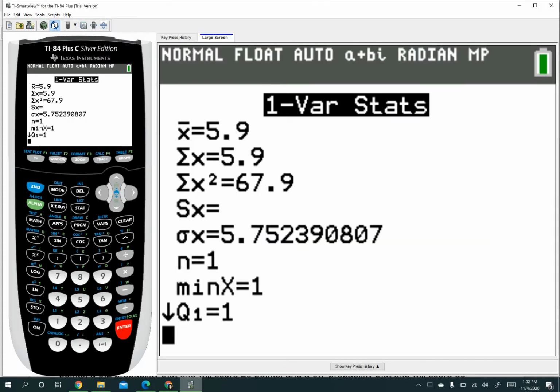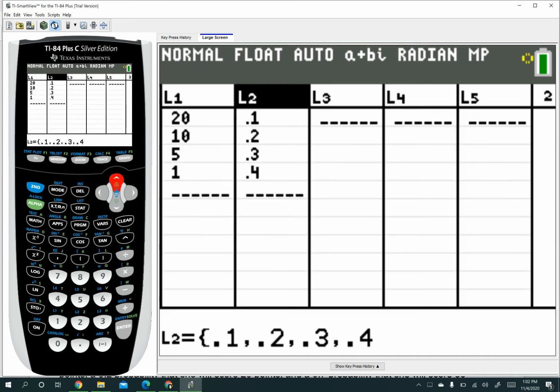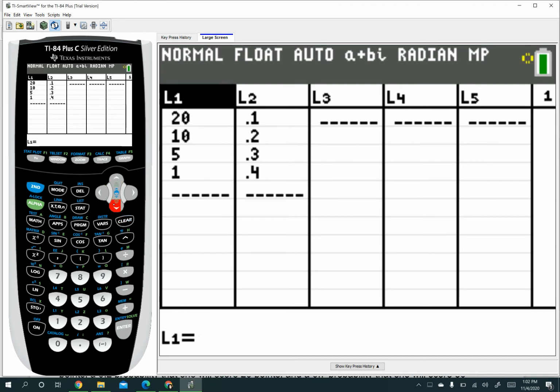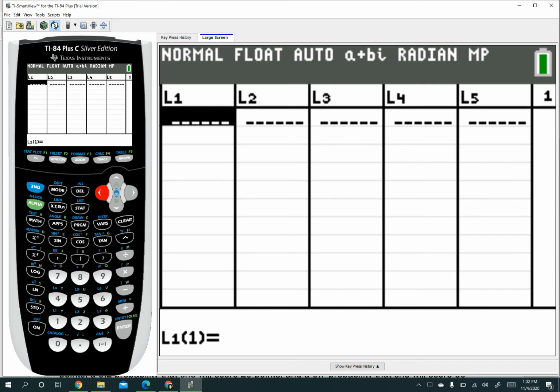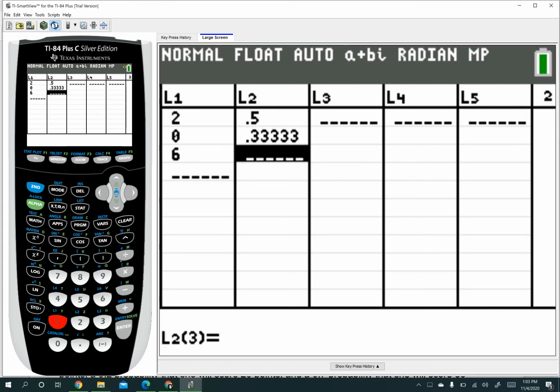if we did it by hand, we did it in our calculator. So stat edit. Let's clear out our list. So we have $2, we have $0, we have $6, and we have 3/6, we have 2/6, and 1/6.